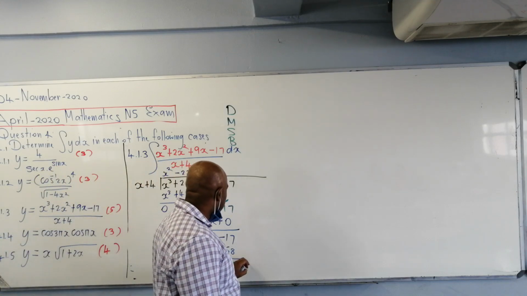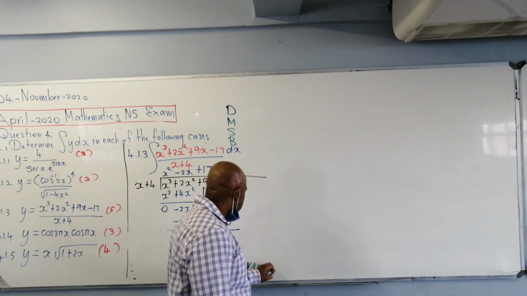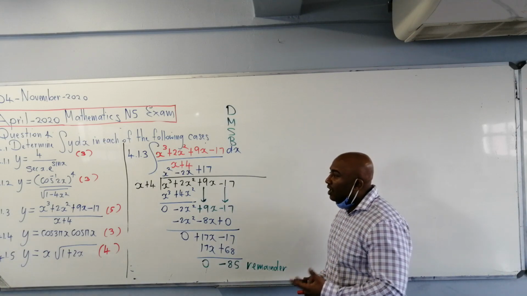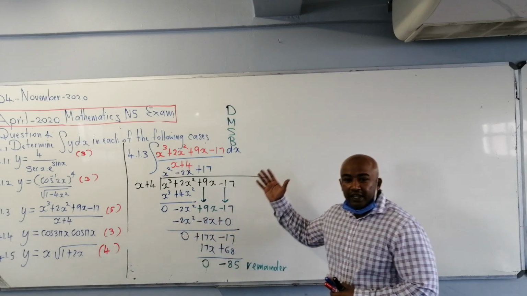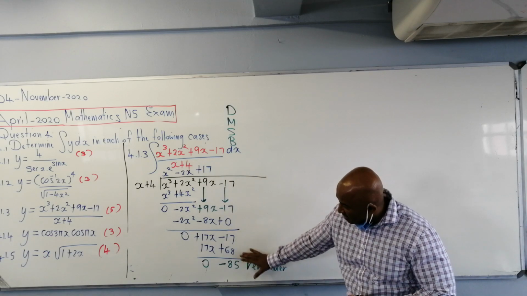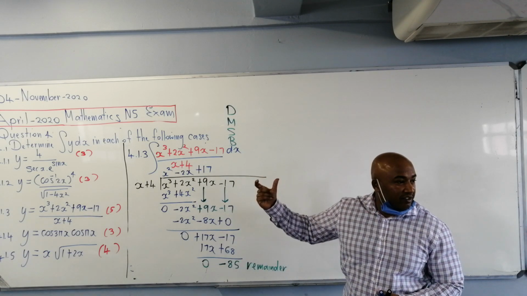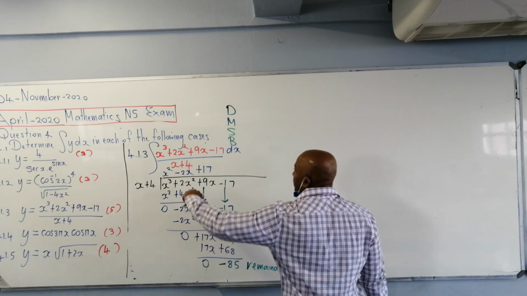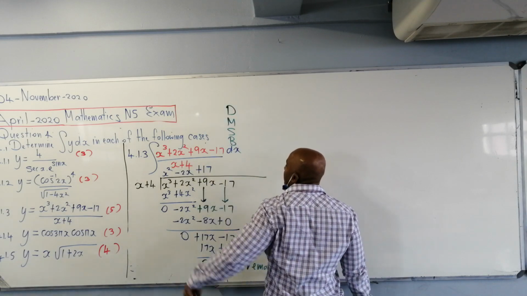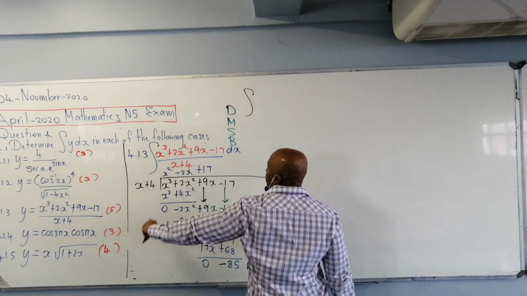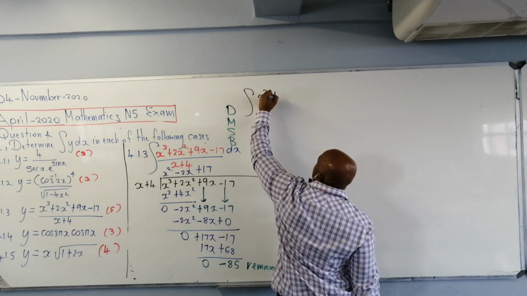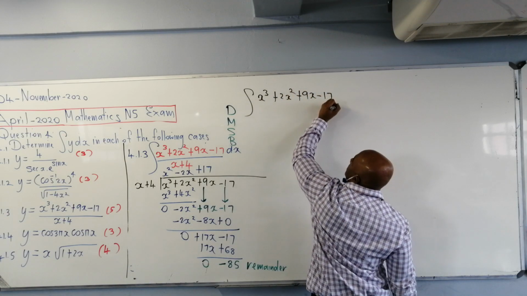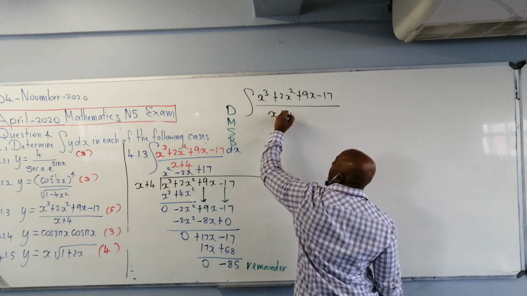Right, so now this is your remainder here. You cannot go and divide anymore. So how do you set up the next part? You did this. Now you need to write down. You need to take the correct information and put it in the correct place. So let's write this down now. So what did we have? We had the integral of x cubed plus 2x squared plus 9x minus 17, all divided by x plus 4.